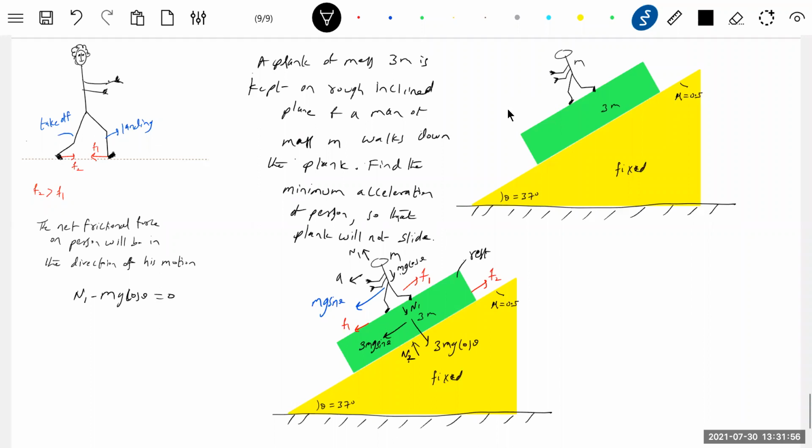Now this is equal to N1. So on the person, I will write the forces.